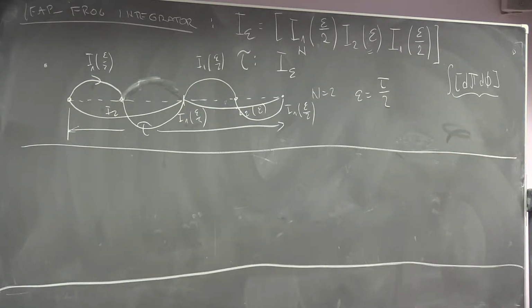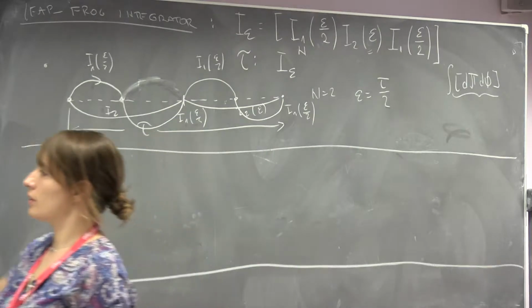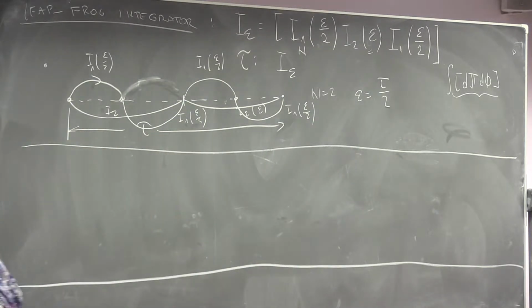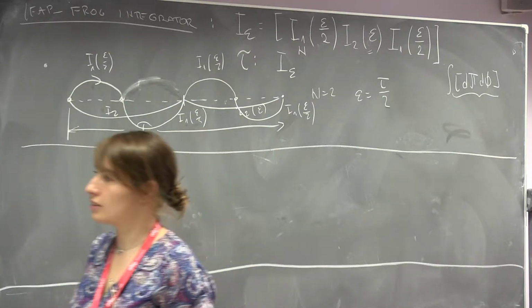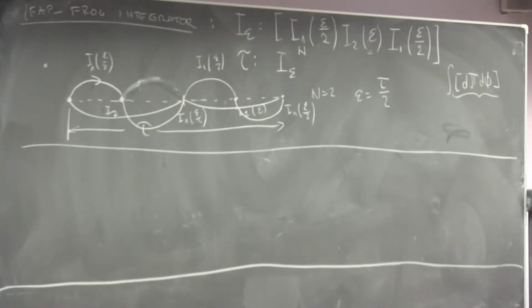And yes. Why do we here have plus epsilon and here we have minus? Okay, I'm going to discuss this in a second, but this is from the fact that momenta and the fields are updated in Hamilton equations.